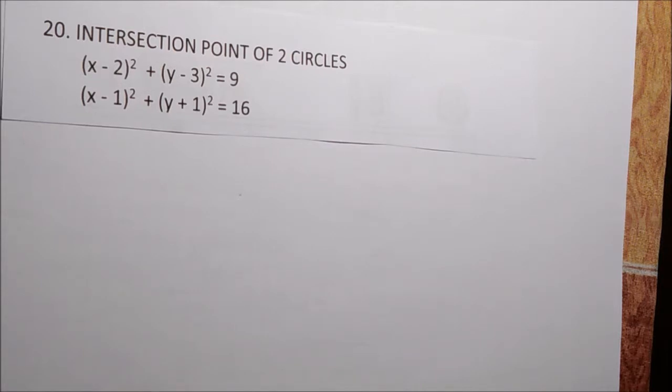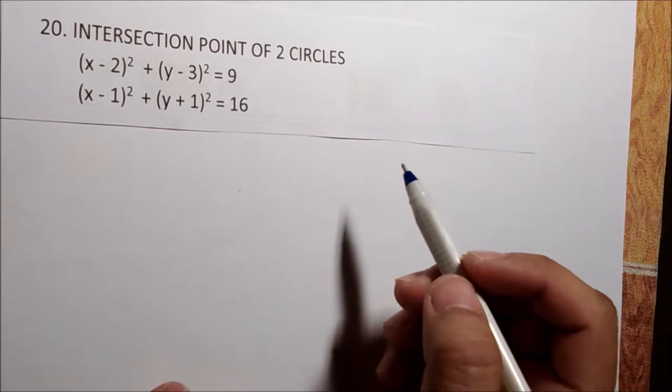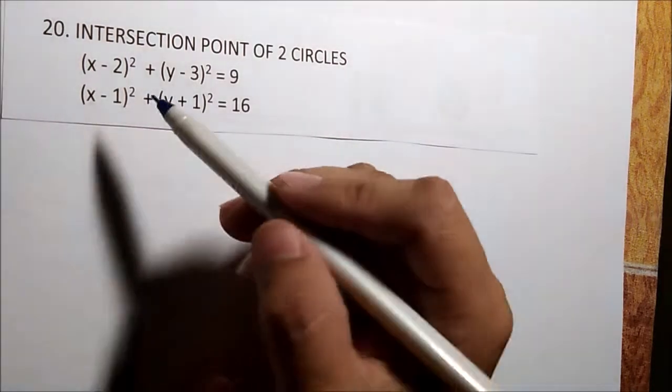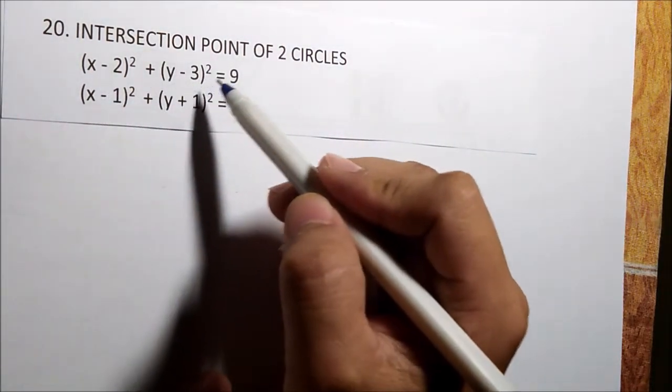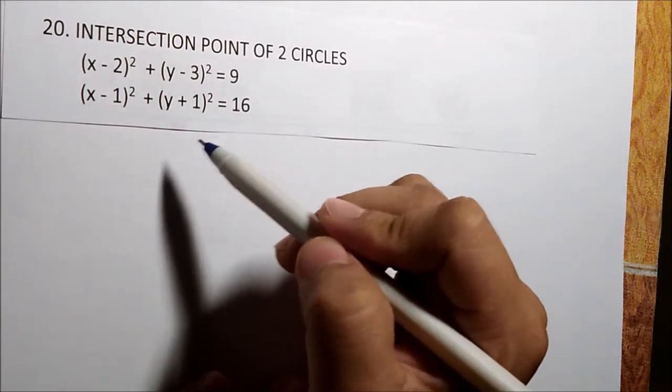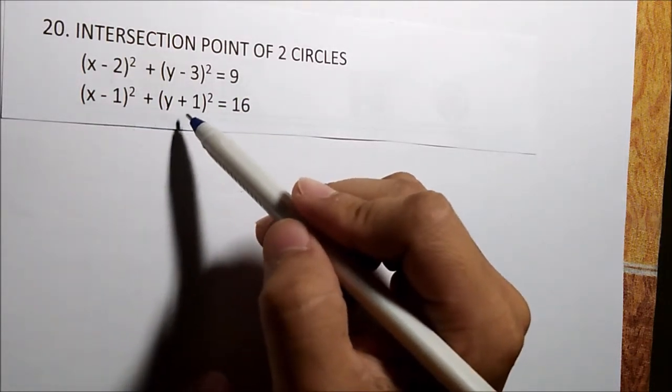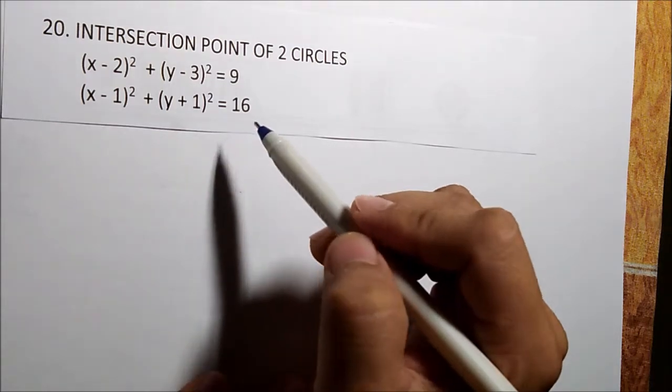We have an example here. Okay. And we have two equations: (x minus 2) squared plus (y minus 3) squared equals 9, and (x minus 1) squared plus (y plus 1) squared equals 16.